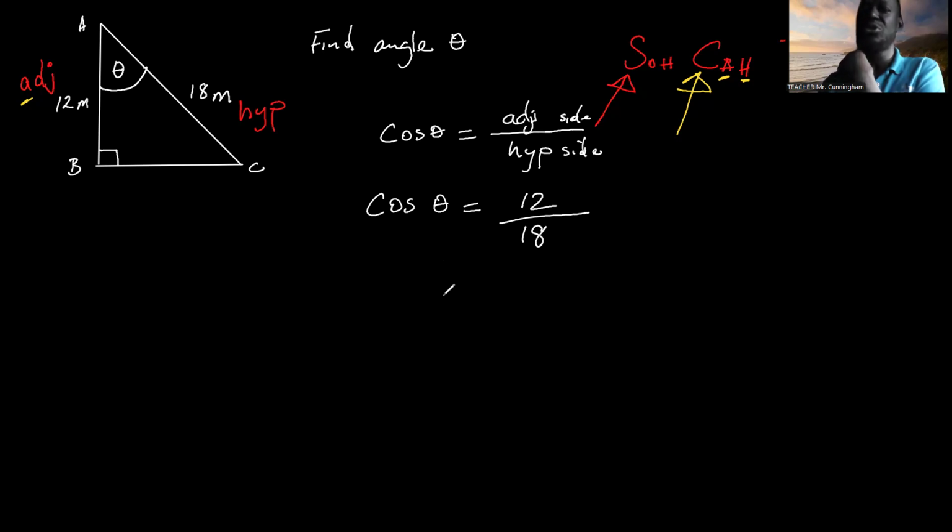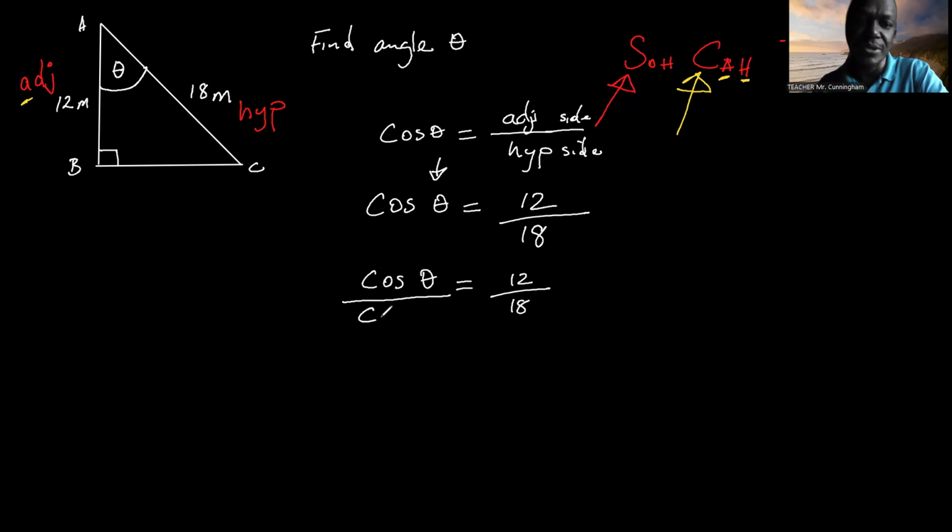Pay attention, don't miss this. I'm going to write it again because I'm going to do something which is really strange. I did it already for the other students who were here before. I want to find theta, so I divide through by cos. If I divide by cos, it's the same as saying 1 over cos.